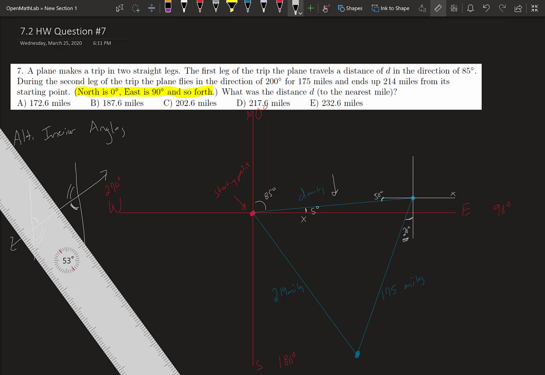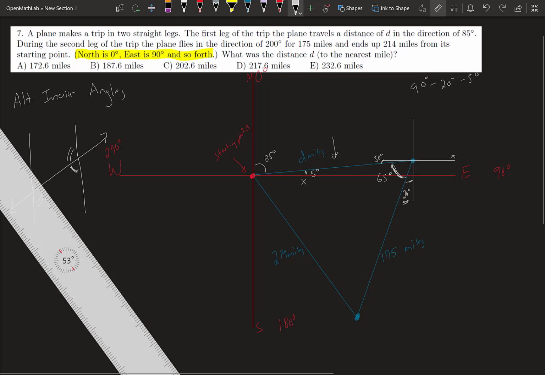Then this part is going to have to be 90 minus 20 degrees minus 5 degrees, because that makes a right angle. That comes out to 65 degrees. So I know one of the angles of the triangle now.